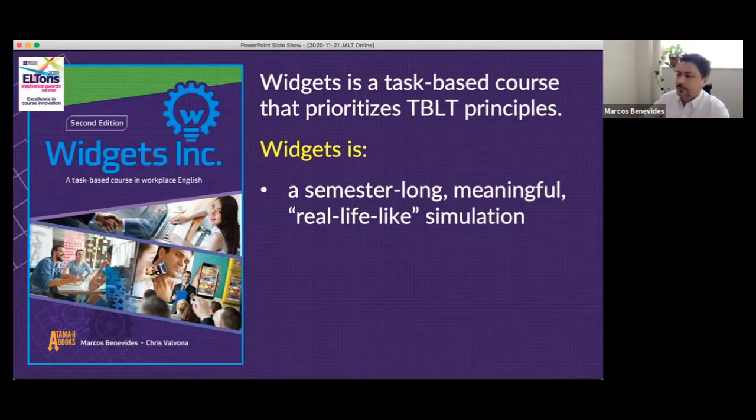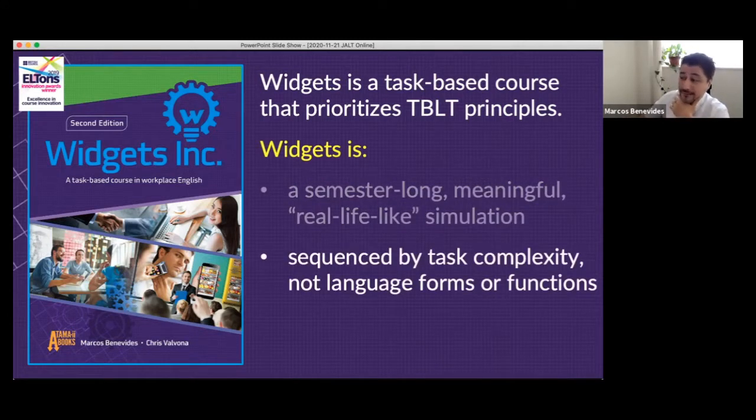I use this term real-life-like quite purposefully because there are problematic words that people sometimes use in relation to task-based learning, like, for example, authentic or authenticity. These are problematic in a variety of ways, but I want to suggest that it's like real life, the simulation that we create.